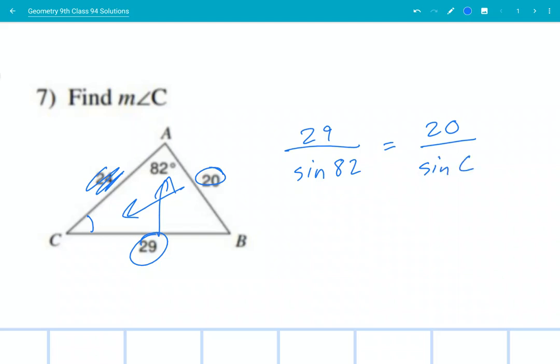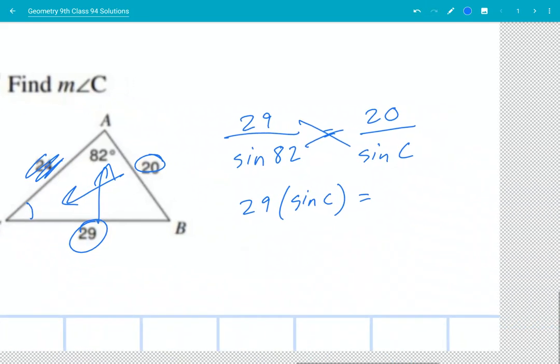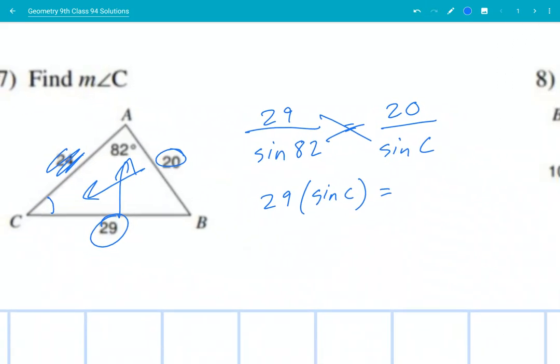So to simplify the process, I'm going to multiply all this right now. So on the left, you have 29 times sine of C. And then sine of 82 times 20, get 19.805. Divide both sides by 29.